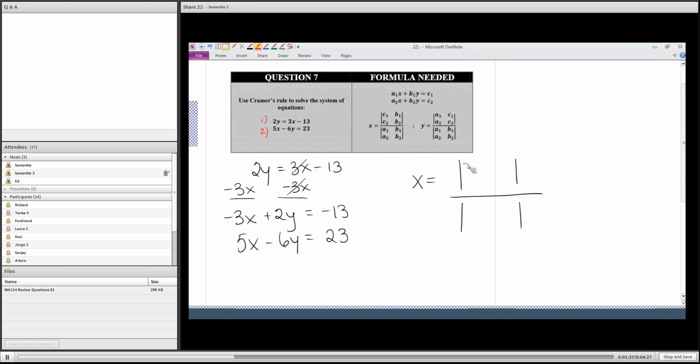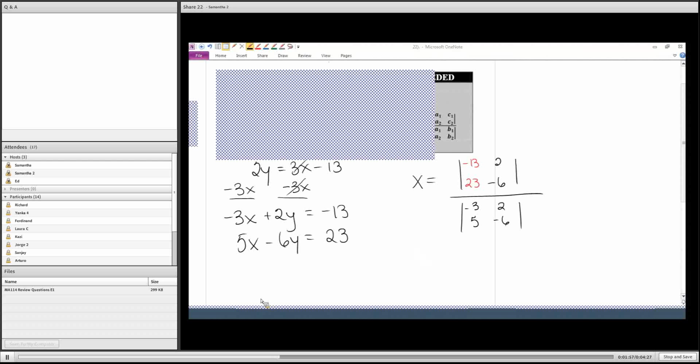So negative 13, 23. And our coefficients for y stay as they are, which will be 2 and negative 6. The denominator will just be negative 3 and 5, 2 and negative 6. You take the coefficients of x and y into your denominator.